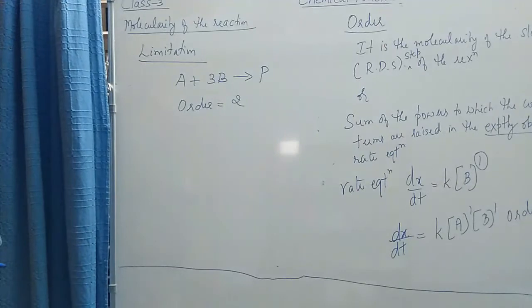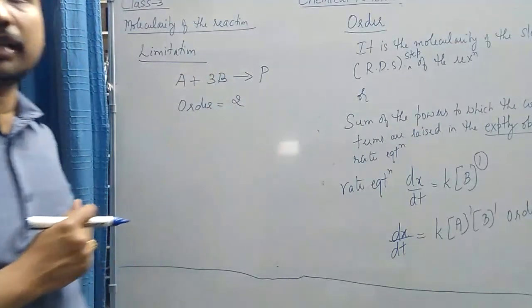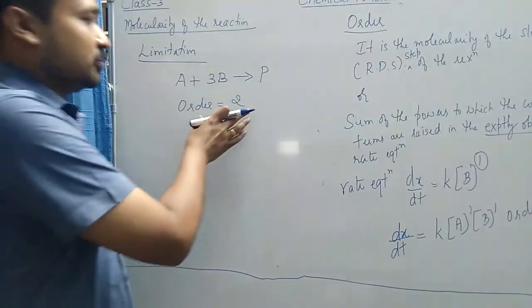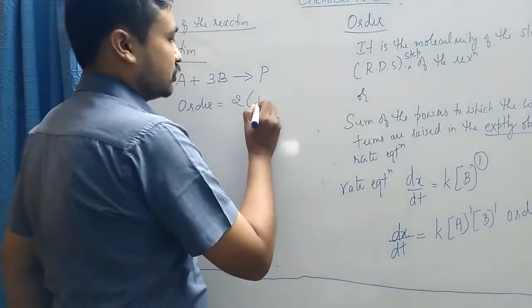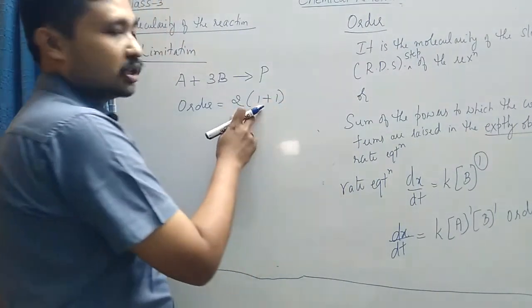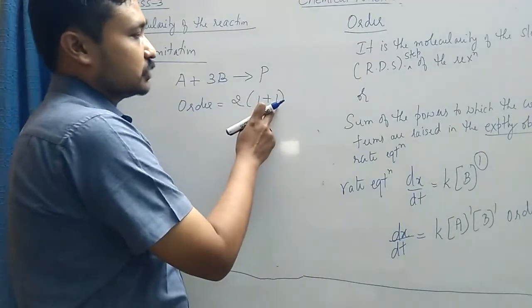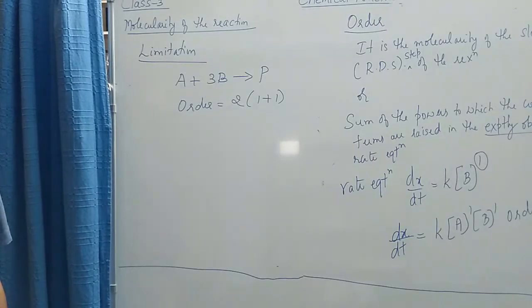So even though molecularity of the reaction is 4, which is predicted by looking at the balanced chemical equation, the order of the reaction is just 2. This is experimentally determined, and it is actually 1 plus 1, that is, the order of the reaction with respect to reactant A is 1, and the order with respect to reactant B is also 1. So the total order of the reaction is 2.